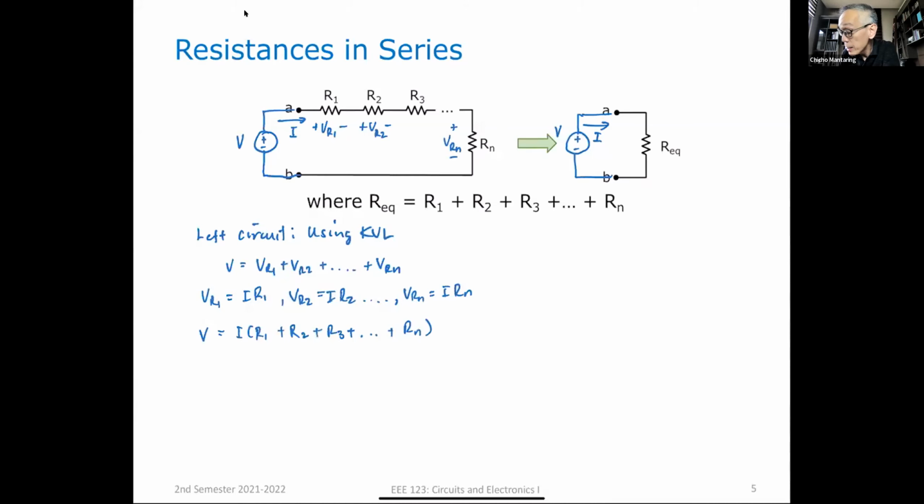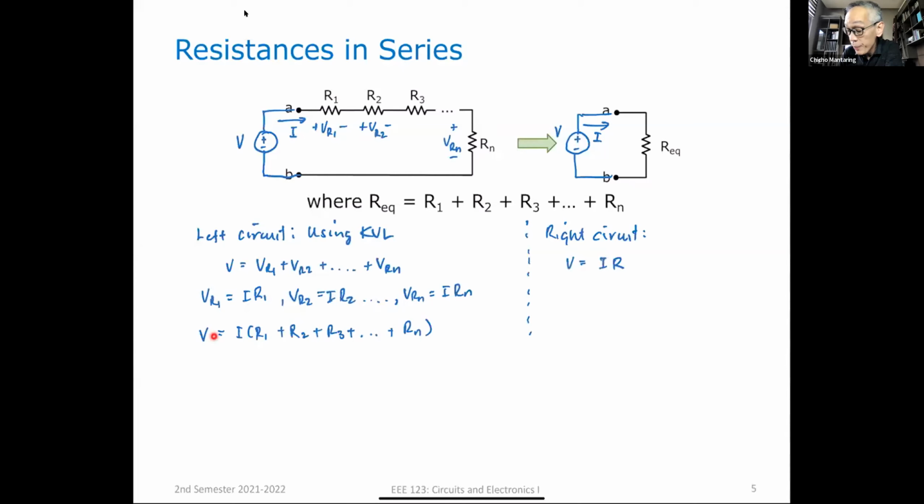If I take a look at the right circuit, using simple Ohm's law, I know that V is equal to IR.